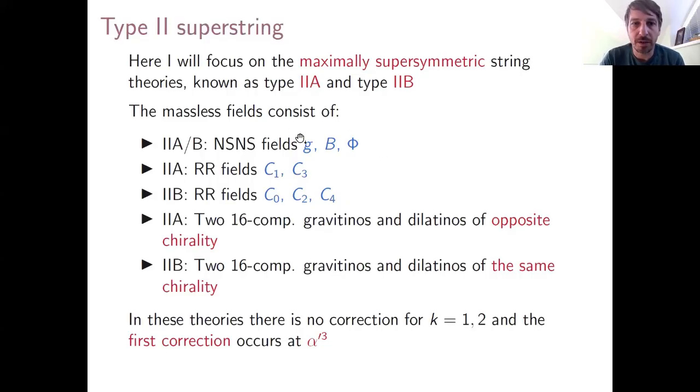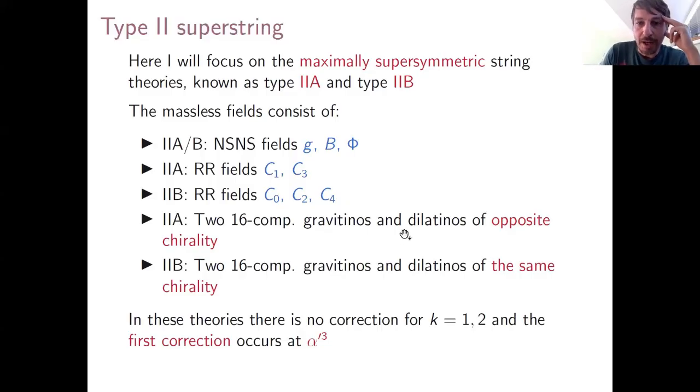So these three fields are common to type 2A and type 2B. And then type 2A and type 2B have some additional fields. Type 2A has Ramond-Ramond fields, which is a 1-form, C1, and a 3-form, C3. And type 2B has a 0-form, a 2-form, and a 4-form instead. So type 2A has two extra odd form fields, and type 2B has three extra even form fields.